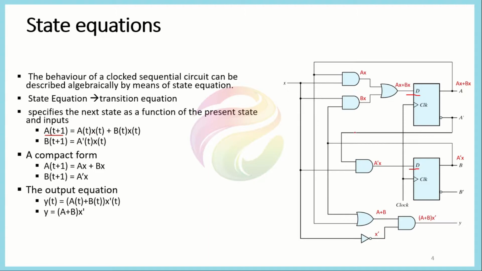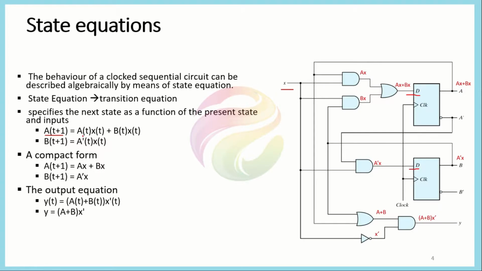This is determined from this expression. You can see that the input here is D, and what the D flip-flop simply does is connect this input to the output after the next positive edge of the clock. If we write the equation, because this is a sequential circuit, its value is dependent upon X, the input, and also it has some feedback value which represents the current state of the system.